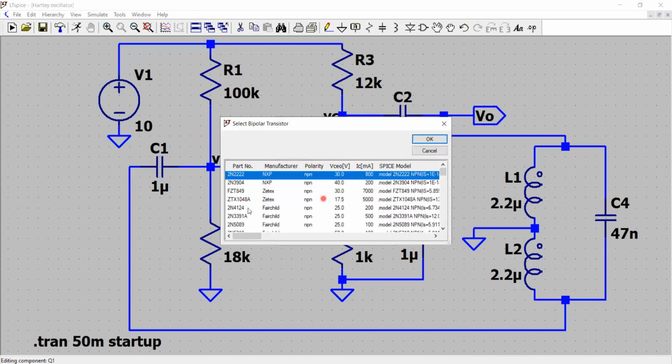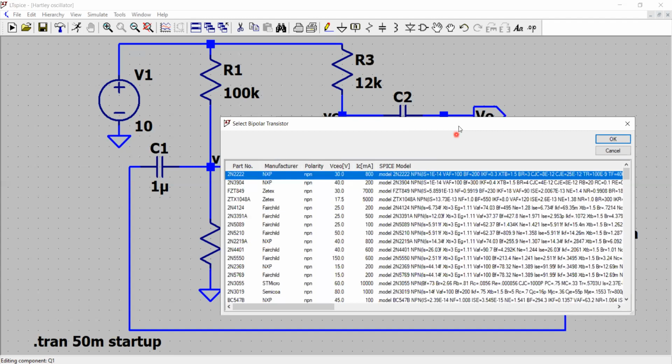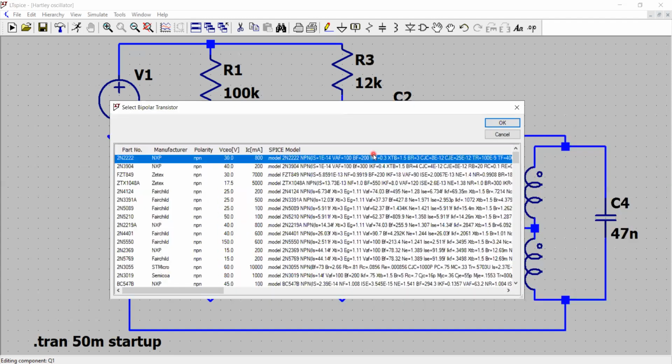Here you can pick up the transistor, and you have a variety of transistors that you can choose. The transistor I have chosen is a small signal amplifier transistor with a beta factor of about 200. That's the DC current gain.